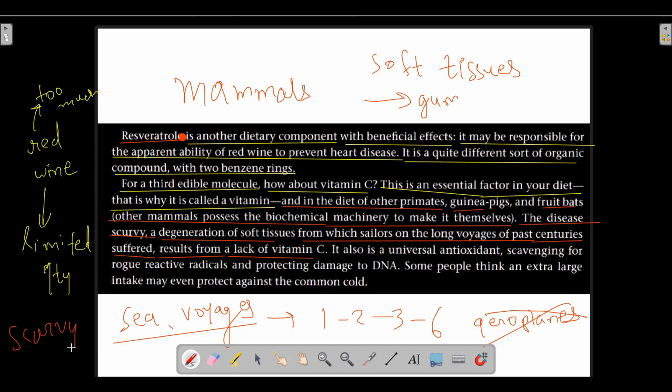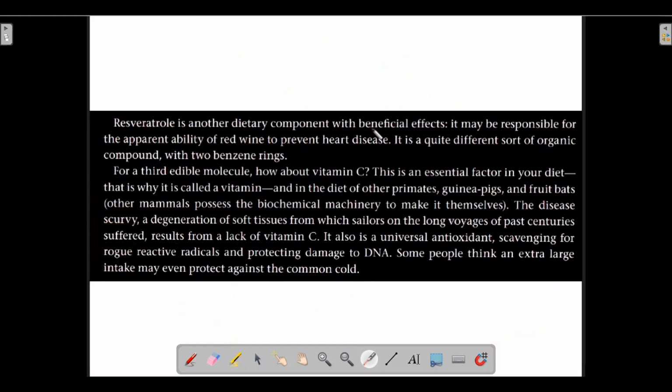So the sailors suffered from the disease scurvy in the olden days, because vitamin C is obtained from fresh vegetables and fresh fruits.